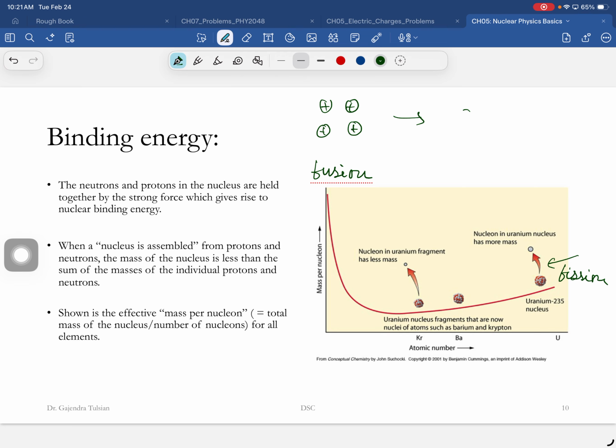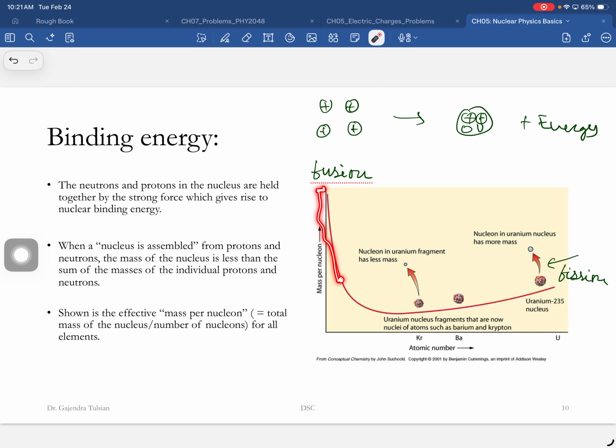Nuclear energy can be obtained by fusion or fission. You can go up to here, up to iron, and get nuclear energy, or by fission, splitting a heavier nucleus. So fusion is going this way, and fission is going this way.